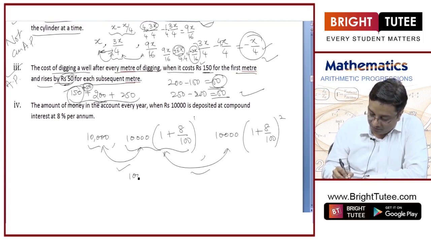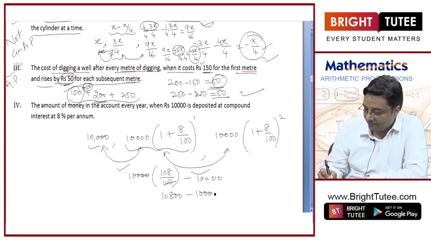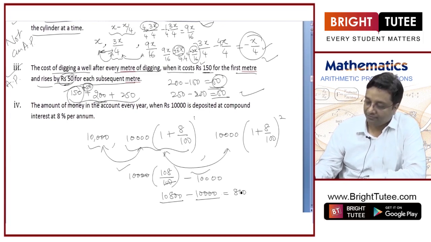This term is 10,000 into 108 by 100, and minus 10,000, right? So it will become 10,800 minus 10,000. So the difference is 800, right?